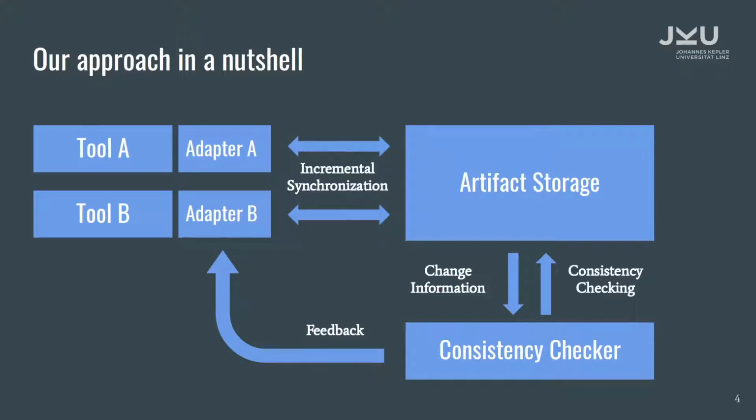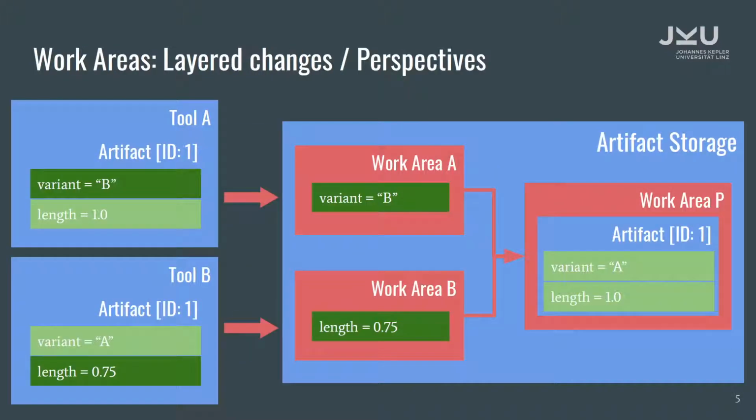We'll see that in a second. Of course, every change that is stored in an artifact in the artifact storage causes a change event. This change event is then analyzed by the consistency checker, which is then producing feedback for the tool adapters, respectively the engineers.